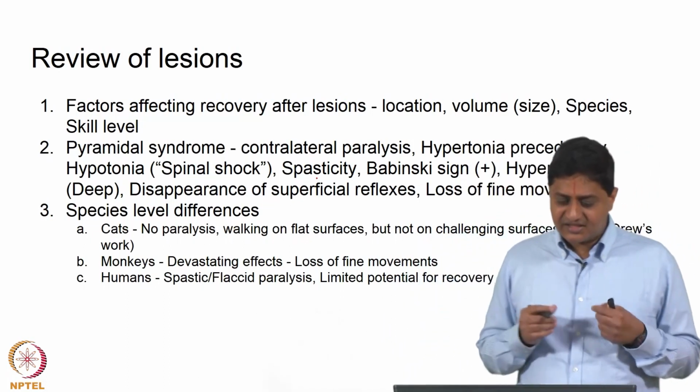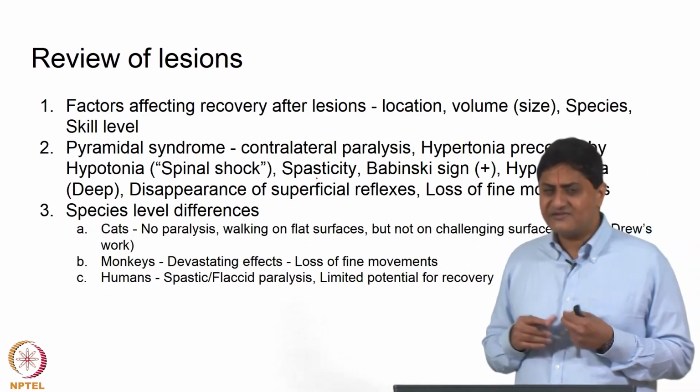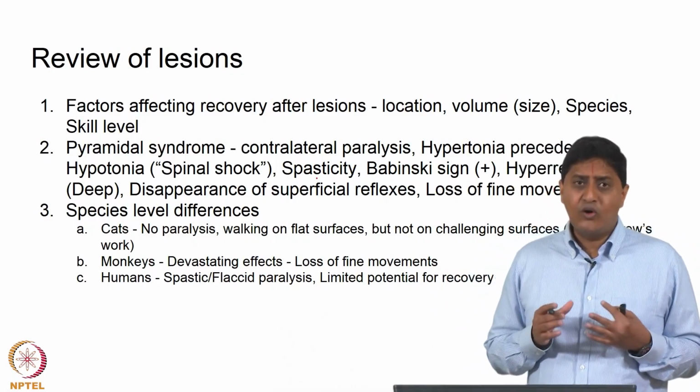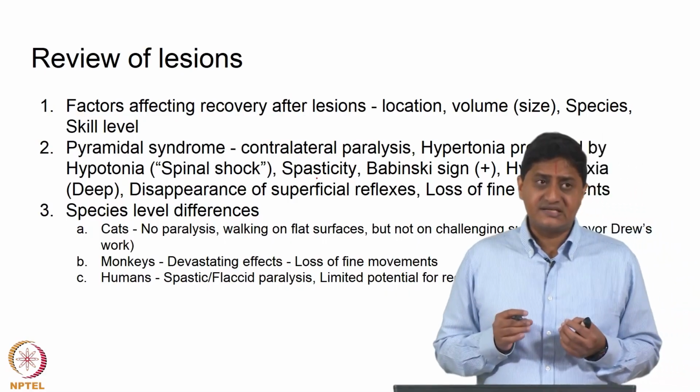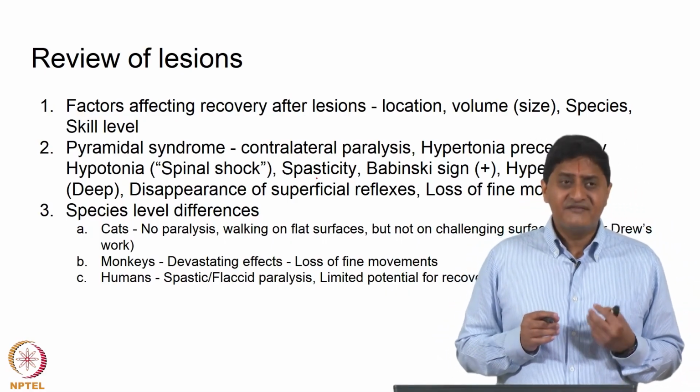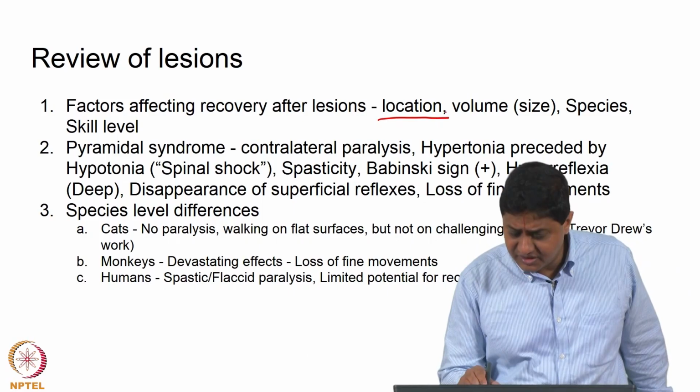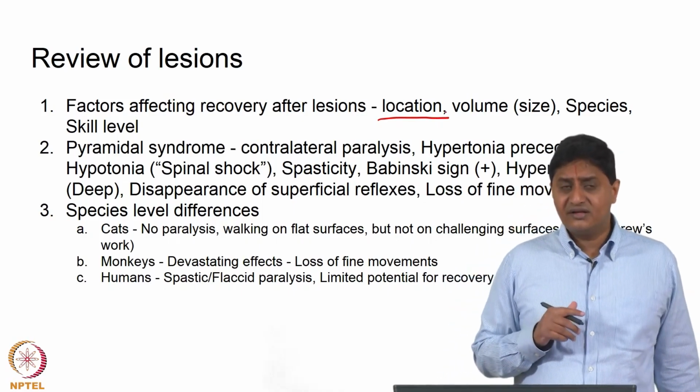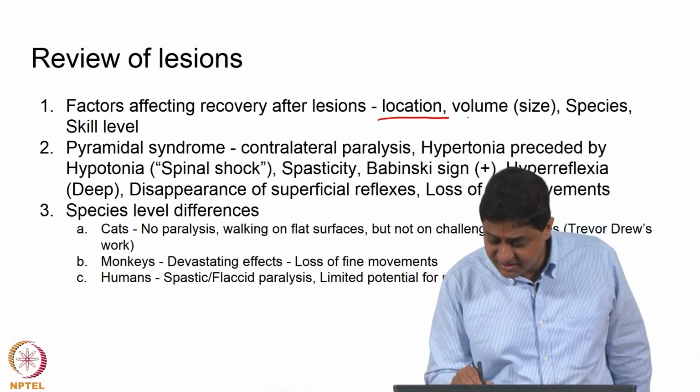What are the various factors that affect recovery after lesions? What are the various things that affect how devastating a lesion is? We said the location of the lesion is obviously an important factor, then volume or size of the lesion is another important factor.